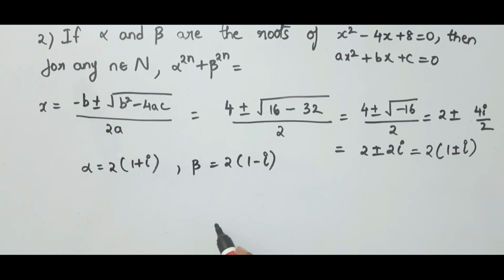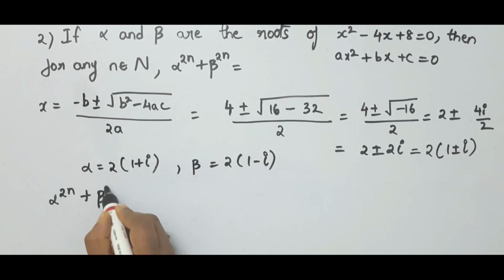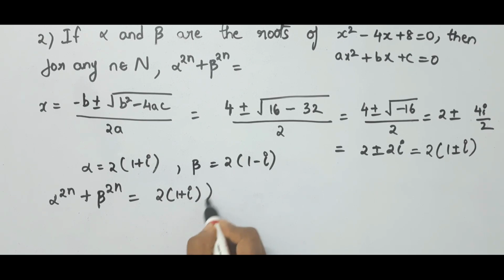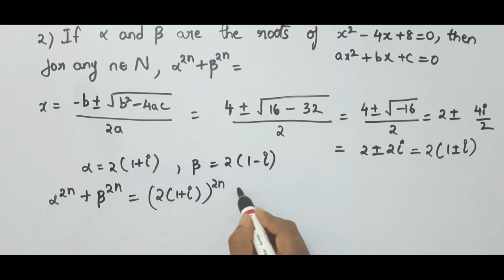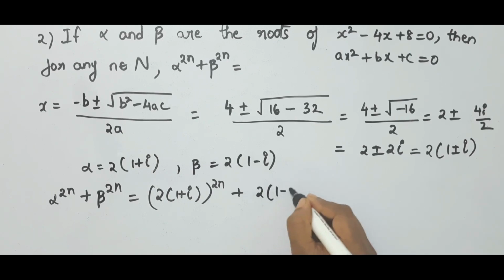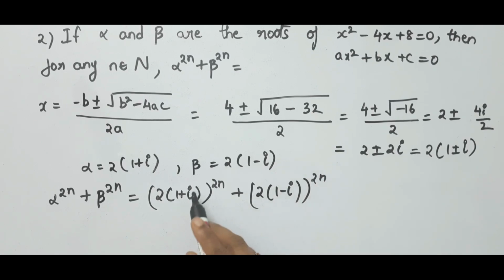So this becomes alpha power 2n plus beta power 2n equal to 2 into 1 plus i whole power 2n plus 2 into 1 minus i whole power 2n. I have just substituted the values of alpha and beta. Okay.